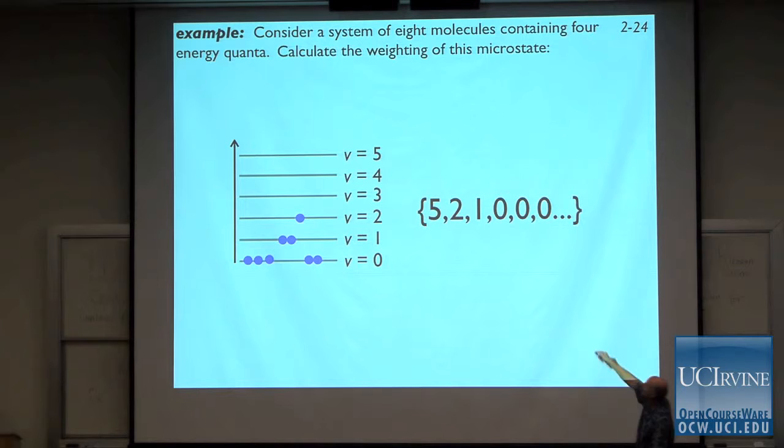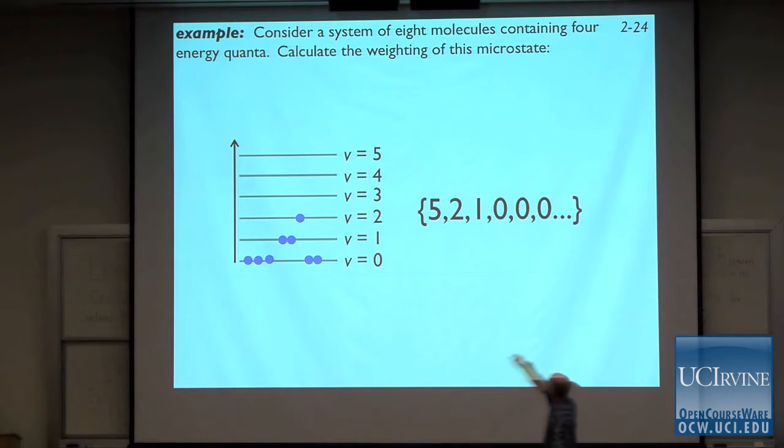So, consider a system of 8 molecules containing 4 energy quanta. 8 molecules? Yep. 1, 2, 3, 4, 5, 6, 7, 8. This is really too narrow. Should have made it a little wider.